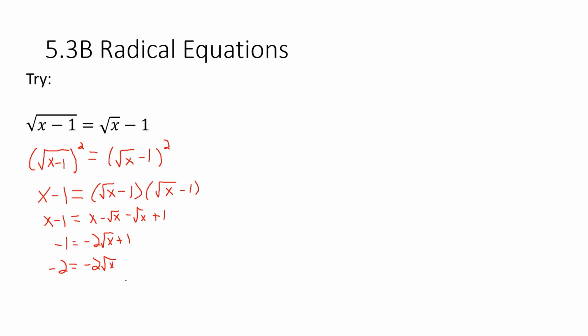1 minus 1 is 0. Now we can continue isolating for this x. Divide both sides by negative 2. These cancel and you're left with 1 equals root x. Now if you square both sides, you'll have 1 squared equals root x squared. 1 squared is 1.